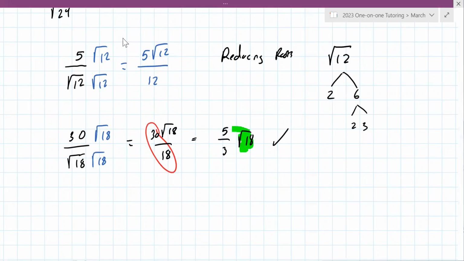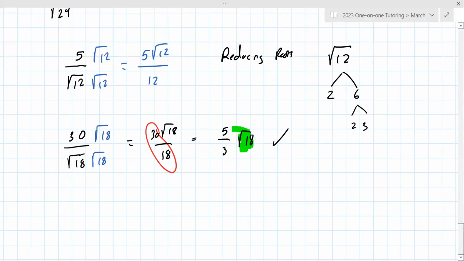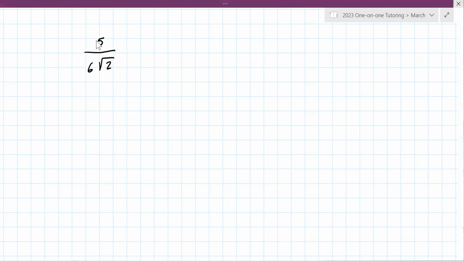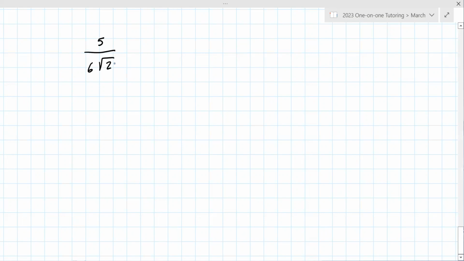Let me go through a few more problems before I do that, though. All right, so here's something we've not seen yet. Let's say it's something like 5 over 6 square root of 2. You know now to multiply top and bottom by the square root, but you might think, well, what do I do with the 6? Well, you actually don't do anything. You just focus on the root. It doesn't matter if there's another number here.